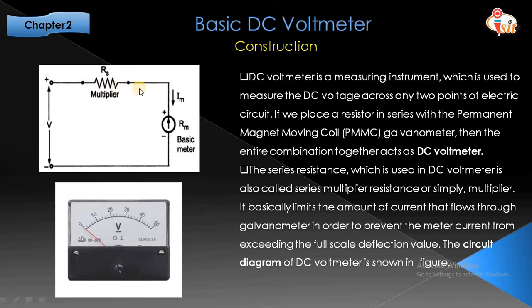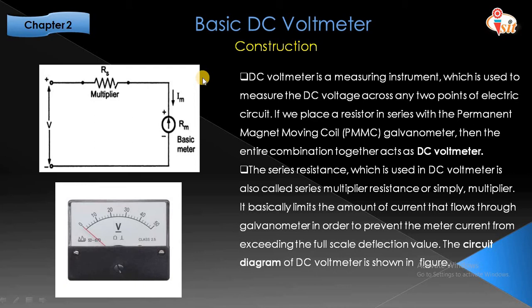Once the current flowing through the multiplier decreases, obviously the current flowing through the voltmeter also decreases. Then it is possible for the voltmeter to measure a high amount of voltage.